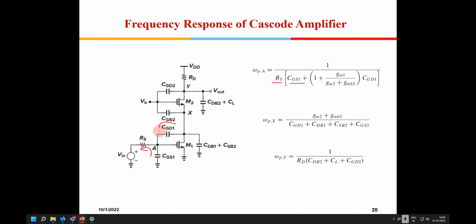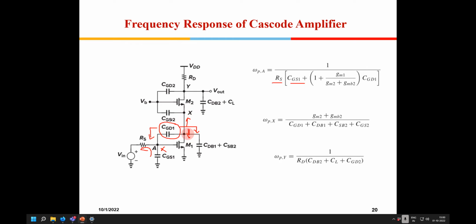Now what about CGD? For CGD I remove this. What is CGD going to see? It is going to see RS, and it is going to see here like this. But this capacitance we are going to keep open.